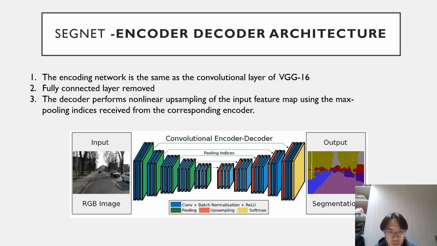The encoding network is the same as the convolution network of VGG16 with the fully connected layer removed, and the decoder performs nonlinear upsampling of the input feature map using the max pooling indices received from the corresponding encoder.